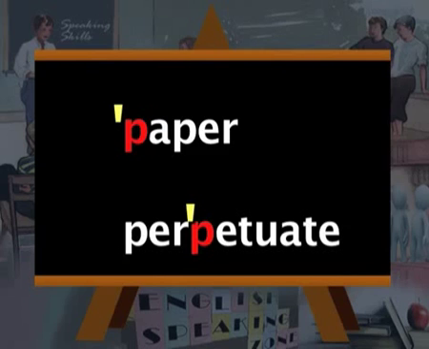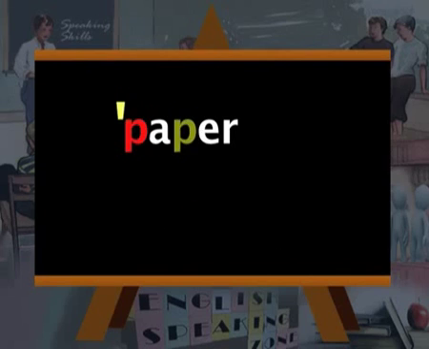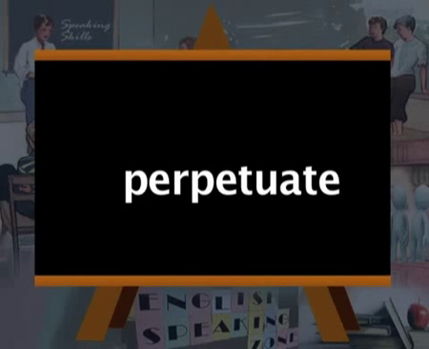And the rule is the P sound, like the T and the K, is aspirated only when it occurs in the initial position of the stressed syllable. This is the stressed syllable, and this P is in the initial position. So, this is aspirated. Whereas, in this word, this P is not in the stressed syllable, whereas this P is in the stressed syllable, and therefore, this is aspirated.